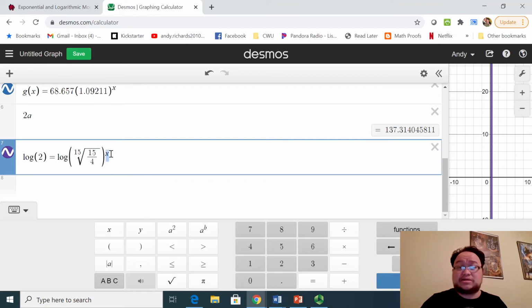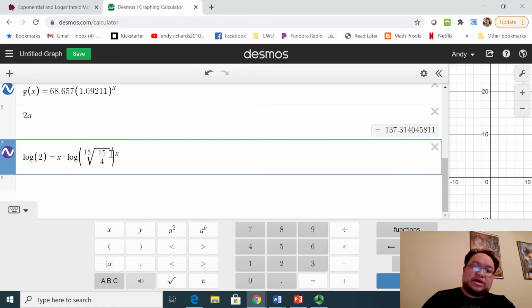What I'm doing is handling this x as the exponent here. So by taking the common logarithm, I can still manipulate it fairly well. And one of our logarithmic properties is that I can take any exponent there and move it to the front of that logarithm. And that makes it a lot easier, right? If I'm trying to figure out what value x is, well, now I can do that.